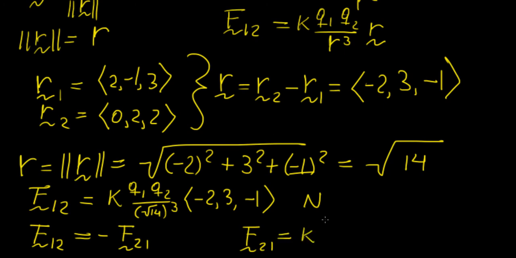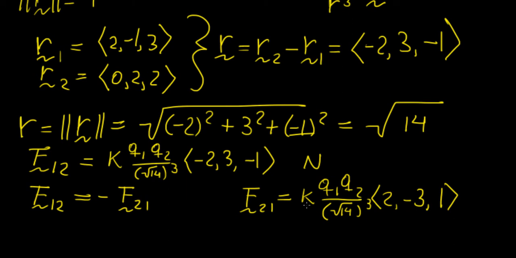So it's going to be k Q1 Q2 over square root of 14 to the power 3 times 2, minus 3, 1, because it is in the opposite direction, so you basically invert the signs here. And if you want to make this exactly equal to this, all you need to do is multiply by minus 1, and that will give you the original vector again. So this is where this relationship comes from.